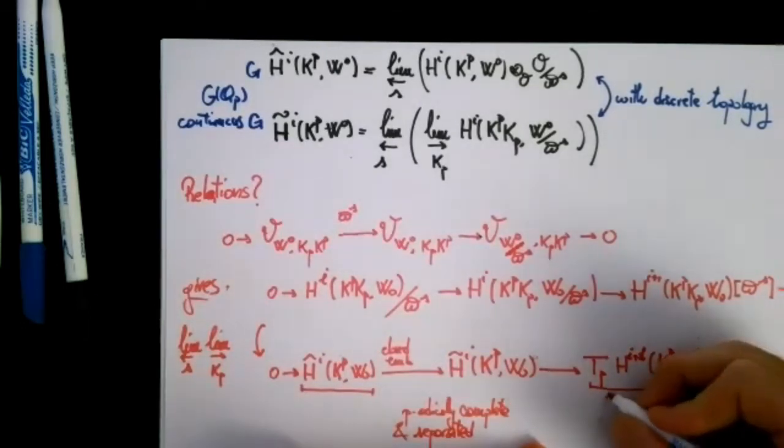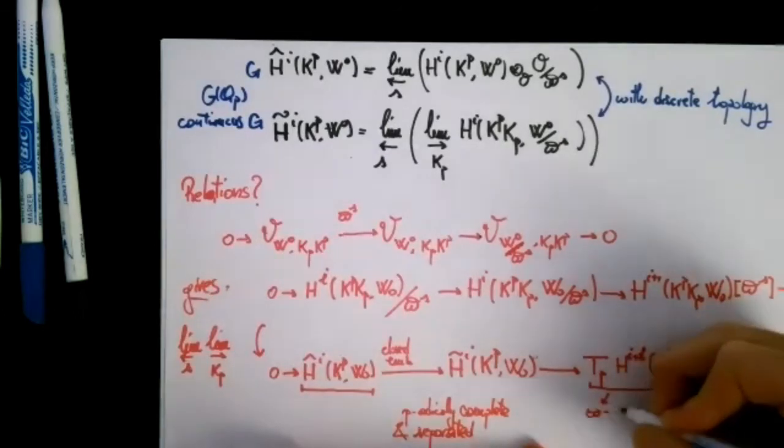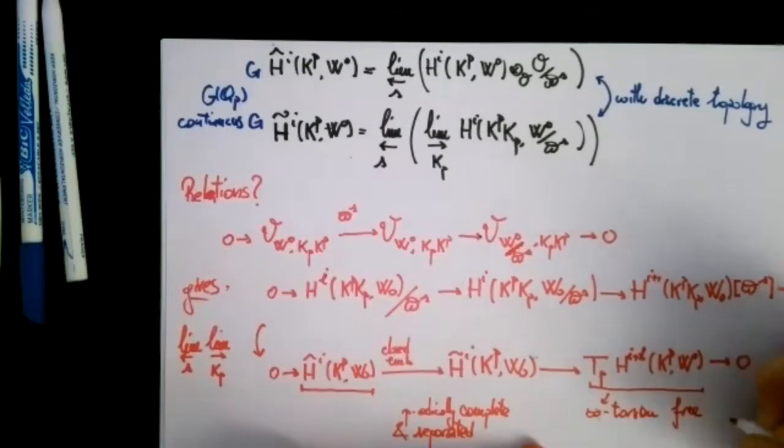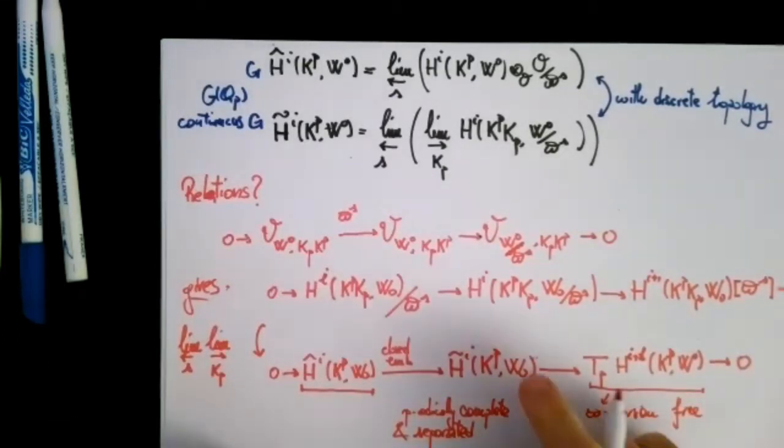And this is also pi torsion free. So we conclude that this is also p-adically complete and separated. And so what happens with a continuous action.